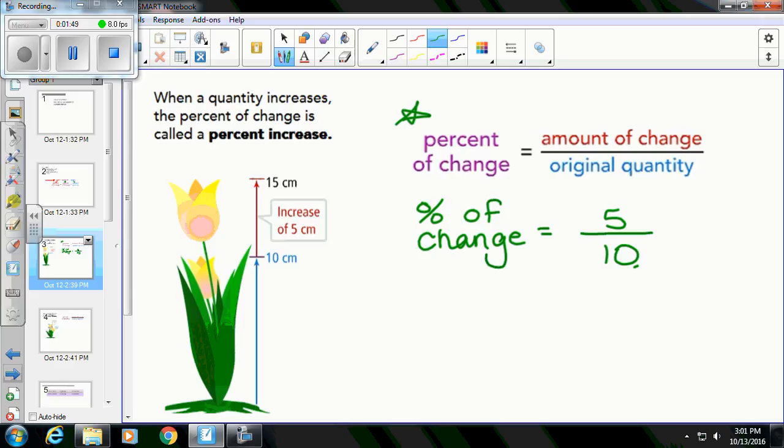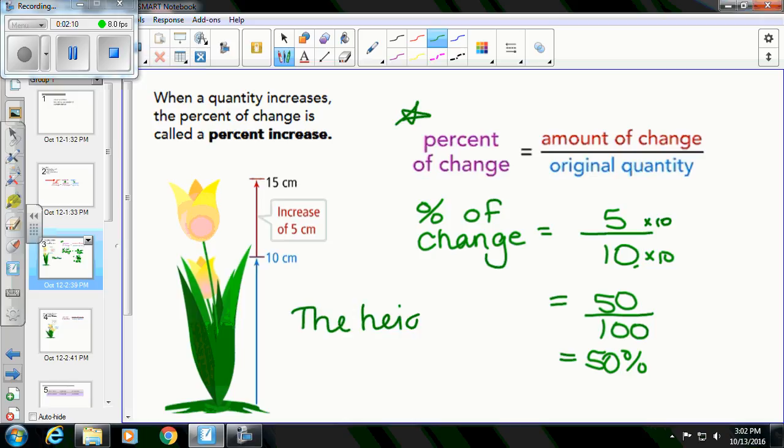So if my denominator is 100, I multiply this by 10, I multiply this by 10, that gives me 50 over 100, which we know is 50%. So the height of the flower increased 50%.